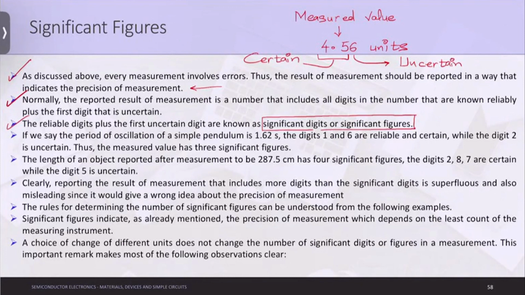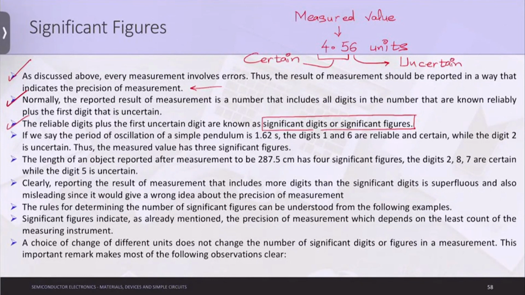We don't know, we are just predicting the values, or if we are finding a range in which they must lie, but they are not certain values, right? Therefore, because everything after 6 is uncertain, we have defined something called significant digits. Only those digits will be called significant digits that include certain digits plus only the first uncertain one. So that was the definition.